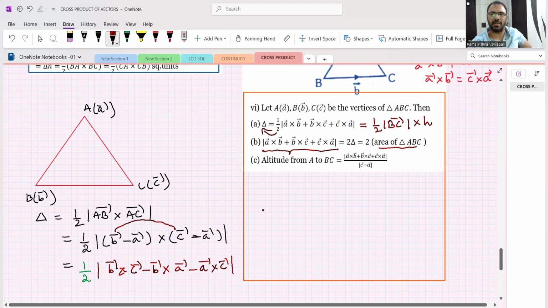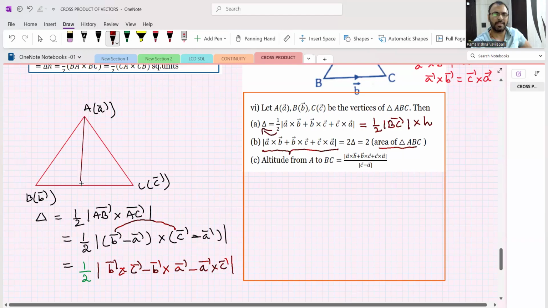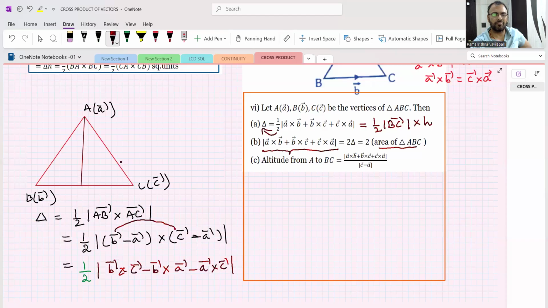Just do the cross multiplication. And the altitude from A to BC, this is the altitude. I want H, so therefore the half will be cancelled.